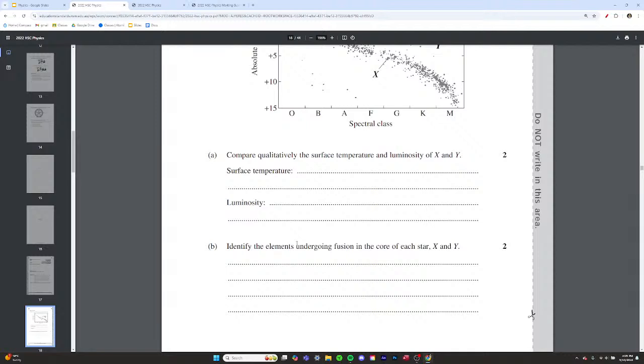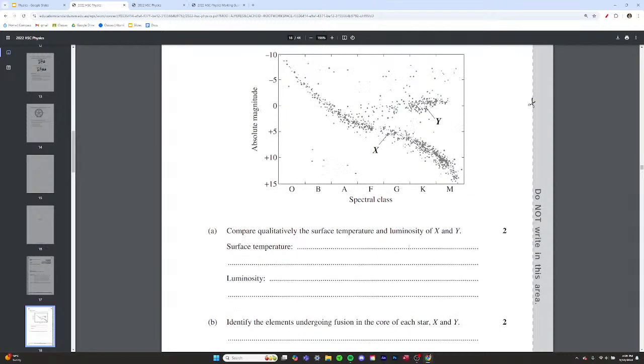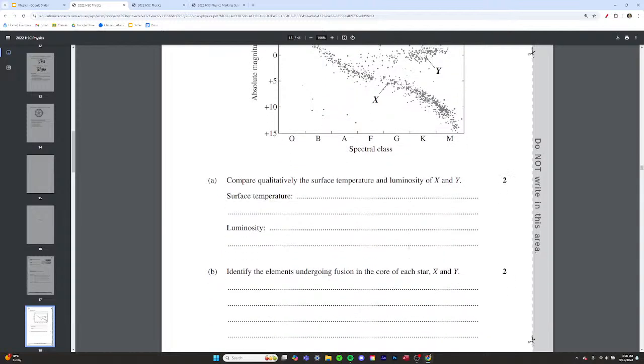Identify the elements undergoing fusion in the core of each star X and Y. Okay, I think X is the proton-proton. So hydrogen, helium, or I'll just say hydrogen. And Y is the heavier elements.